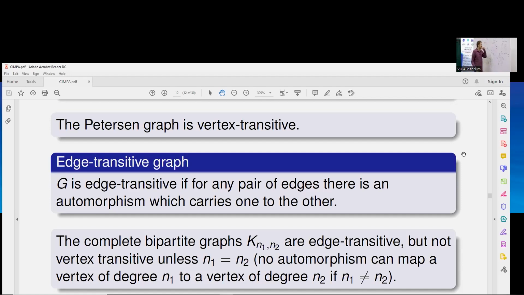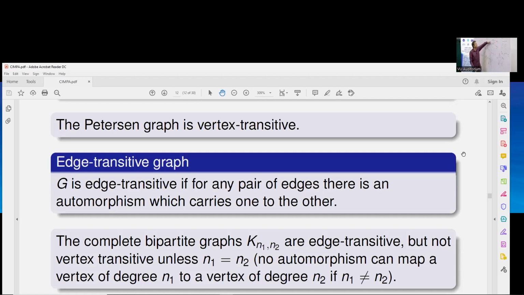It should be clear from what was mentioned before why it is not vertex-transitive. If you pick this vertex, is there an automorphism which can carry it to this vertex? That one, yes, because you don't have to do anything with the other vertices. We have U1, U2, V1, V2, V3.